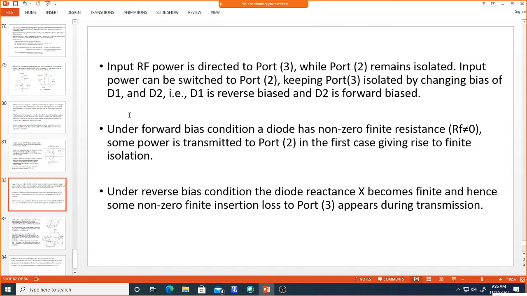Now, whenever the input power is directed to port 3, port 2 should be isolated. Whatever RF power we apply at port 1 will be directed to port 3, and port 2 should be isolated. This power can be switched to port 2 by keeping port 3 isolated, by changing the bias of D1 and D2.